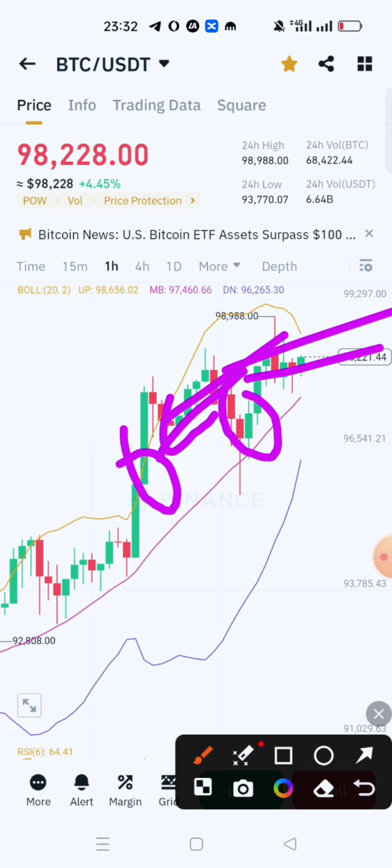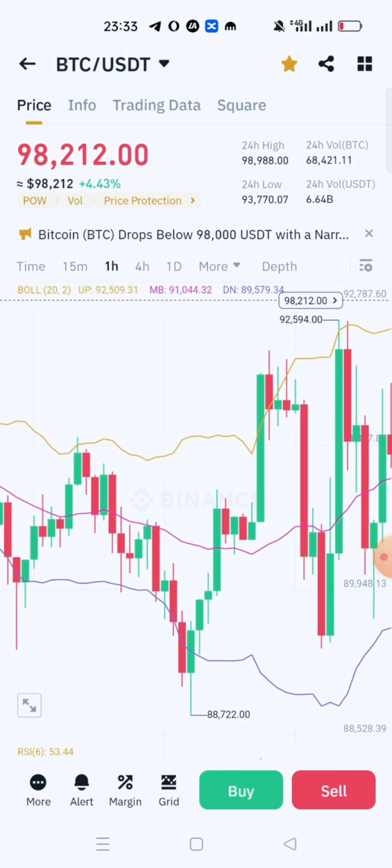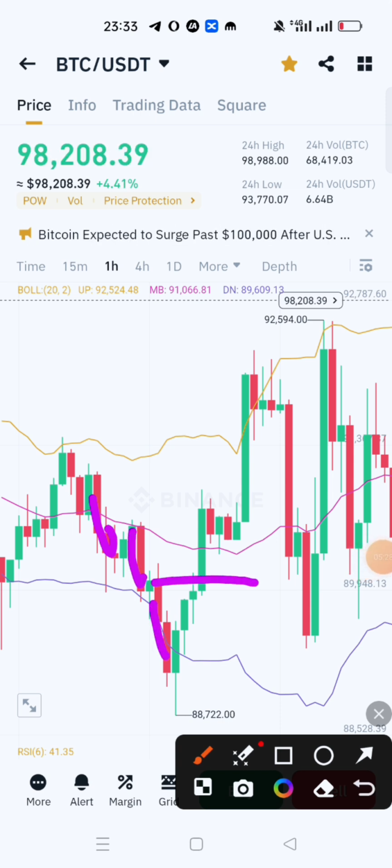Now, if you see red candles all over the chart, like you see red candles here, it means that Bitcoin price fell down. It fell down to $88,722.